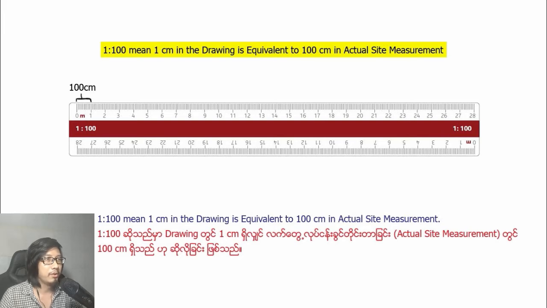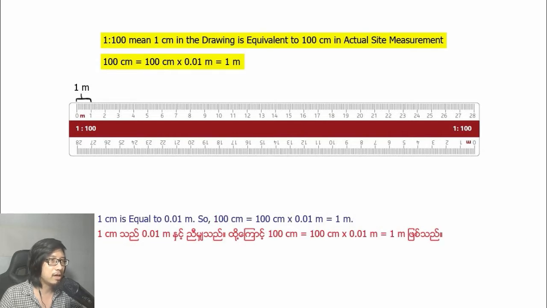1:100 means 1 centimeter in the drawing is equivalent to 100 centimeter in actual site measurement. 1 centimeter is equal to 0.01 meter. So 100 centimeter times 0.01 meter is equal to 1 meter.